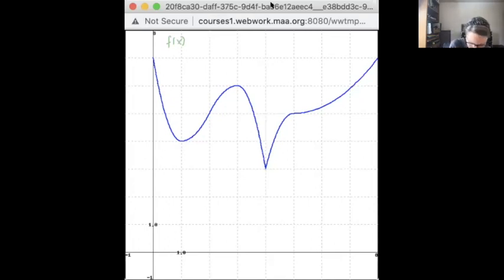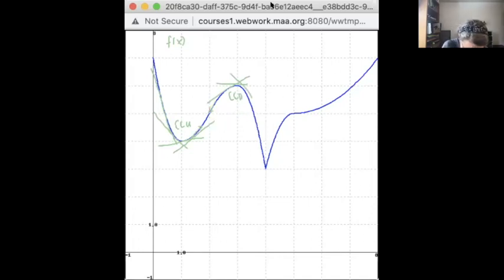Okay. So one way to check concavity is to draw tangent lines. If the tangent lines are under the graph, then your function's concave up. If the tangent lines are on top of the graph, the function is concave down. So somewhere in here, we go from being concave up to being concave down.